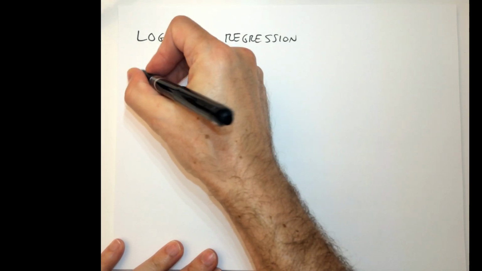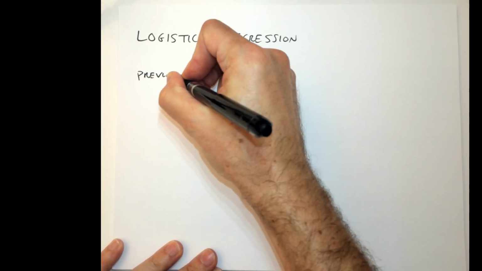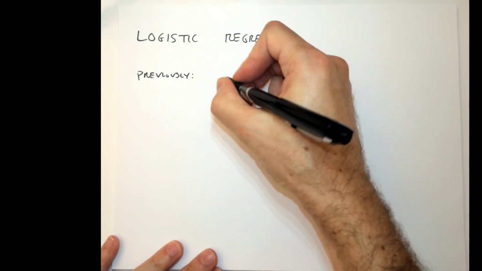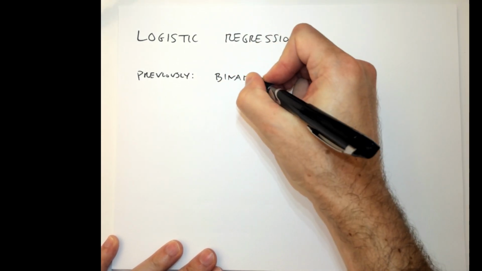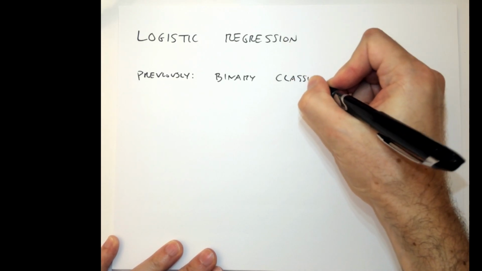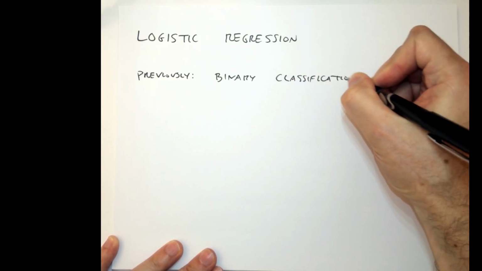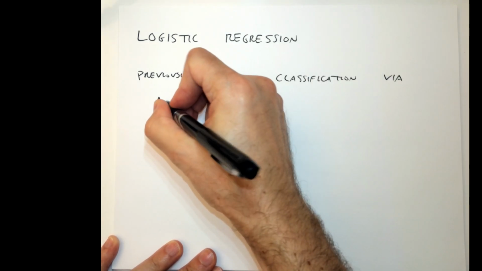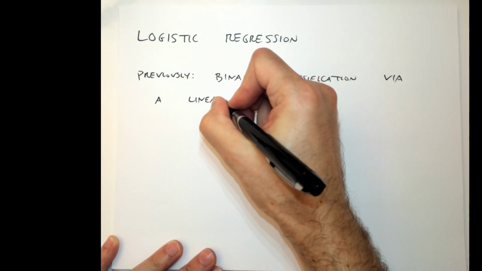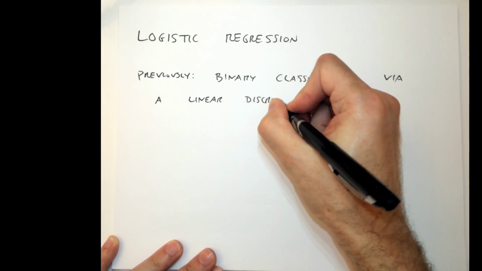And so previously on machine learning, we had basically binary classification via a linear discriminant.